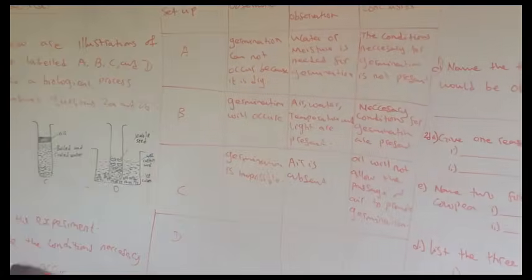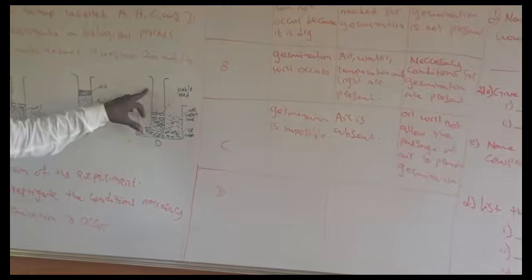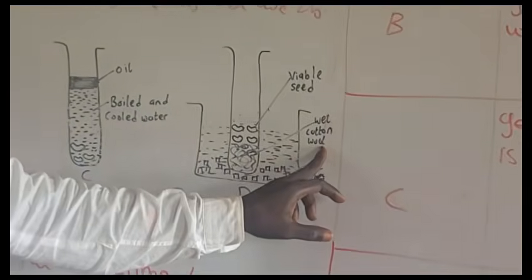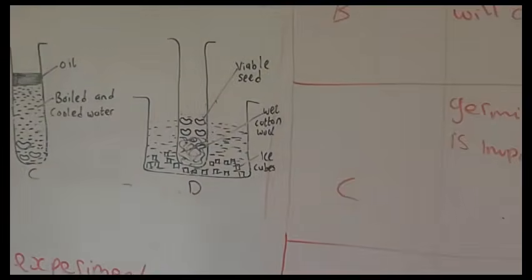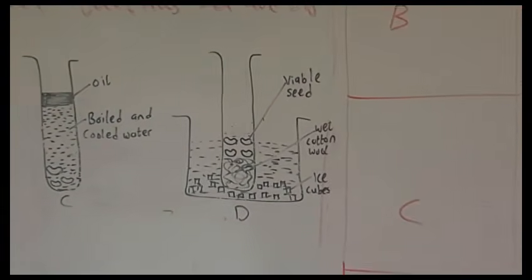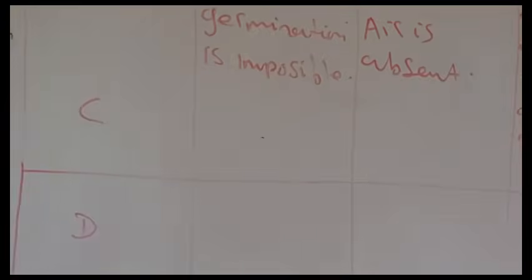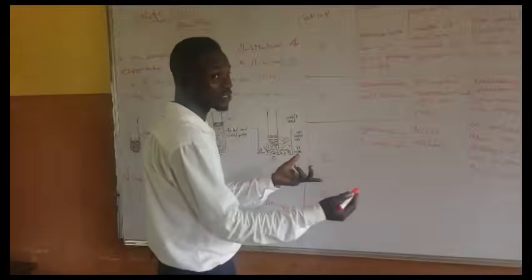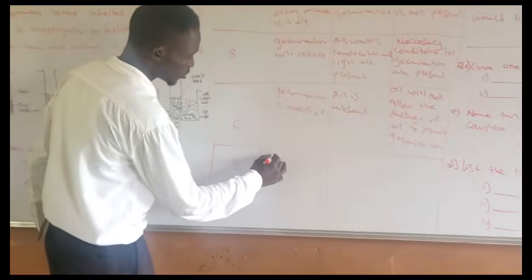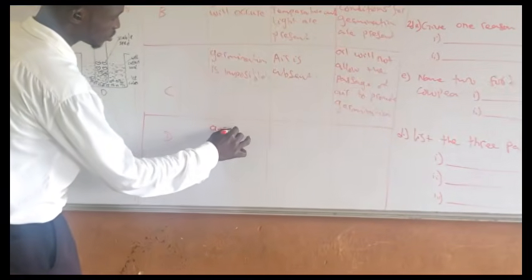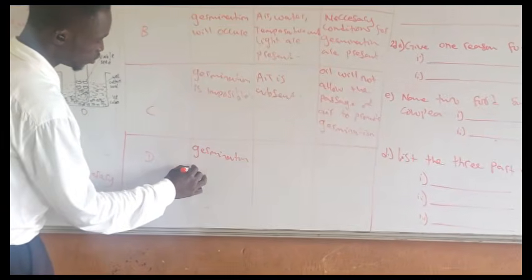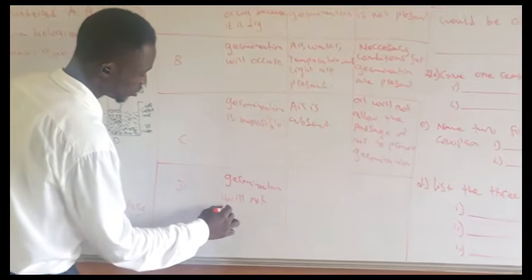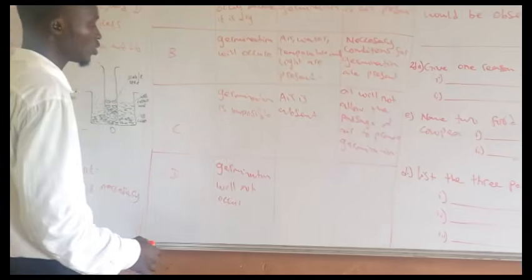The next one, D. You can see we have a viable seed, we have wet cotton, but it is being immersed into an ice cube. What do we observe from here? We also observe that germination will not occur.